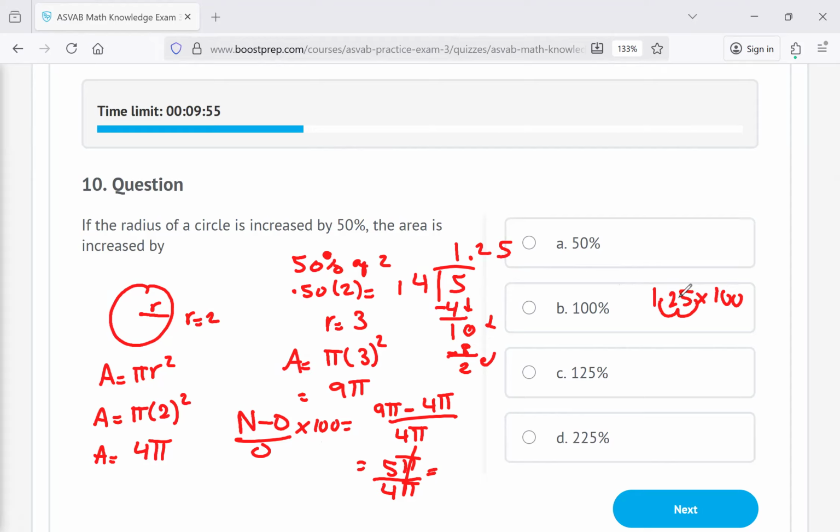Just move the decimal place 2 places to the right, and I get 125%. So I just picked a value for the radius, found the area of a circle, then found my new area with the new radius. Then I used the formula new minus old over old times 100.